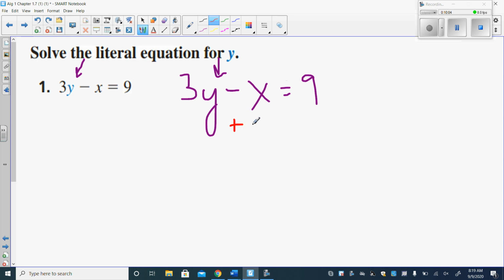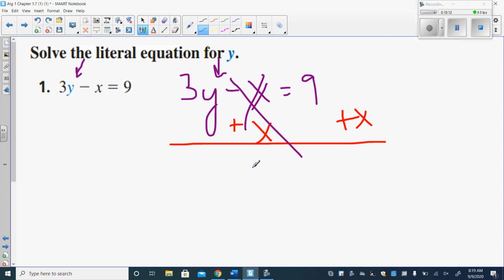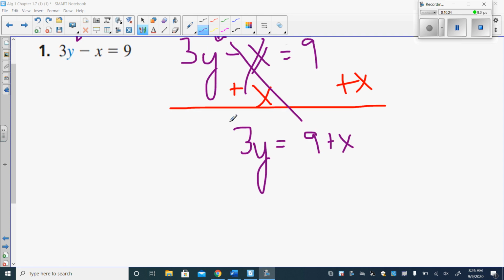So what I'm going to do is add x to both sides. If I add x to both sides, these here will cancel, leaving me with 3y equals 9 plus x. So again, y isn't completely by itself. We have 3y. So we're going to divide each of these terms by 3.